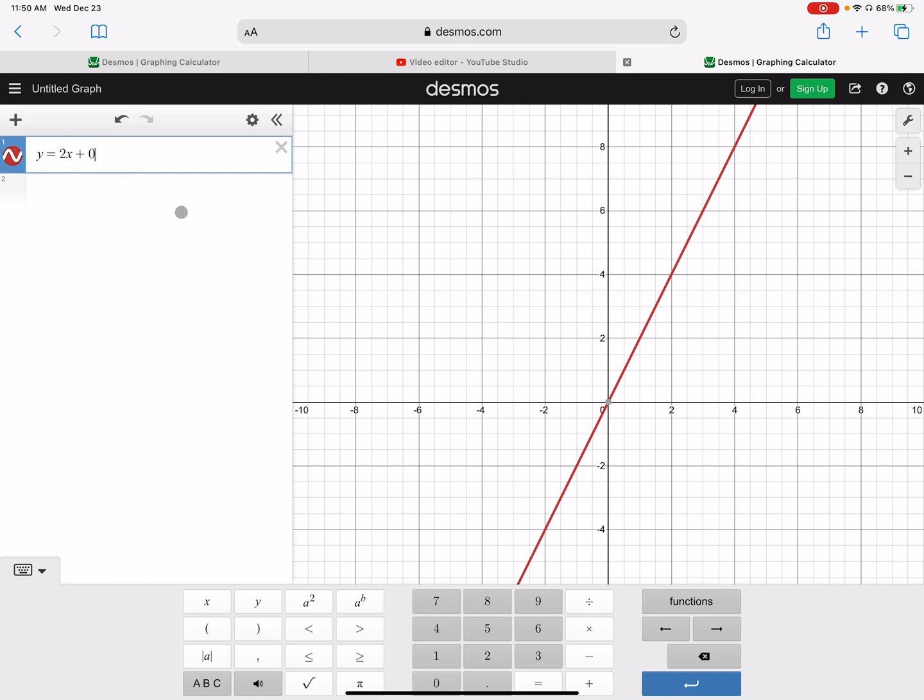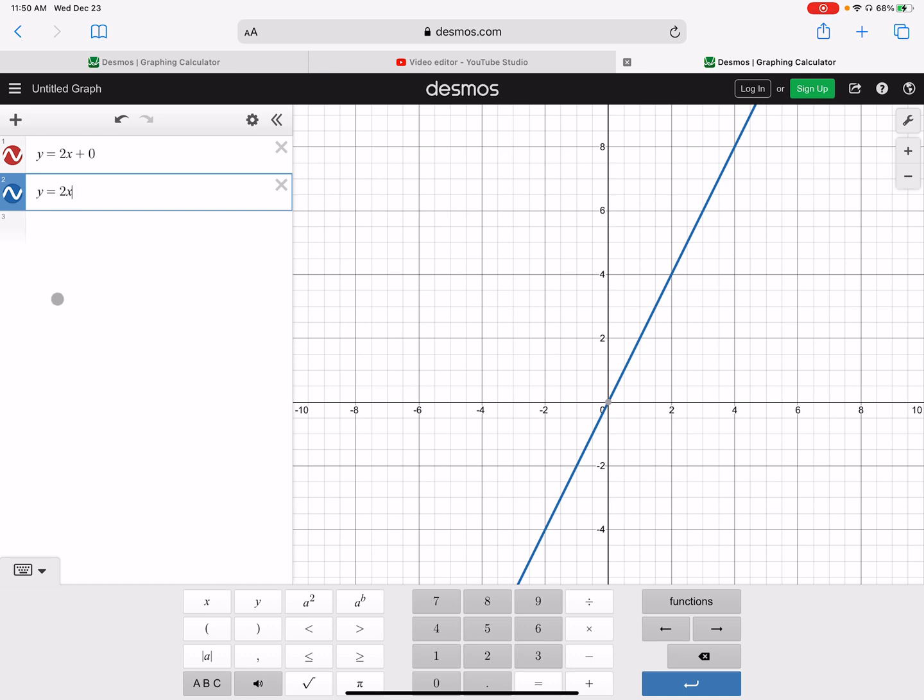And then I'm going to show you what happens when I change that number. Notice that when it says y equals 2x plus 0, your graph crosses at 0, 0. It crosses the y-axis at 0.